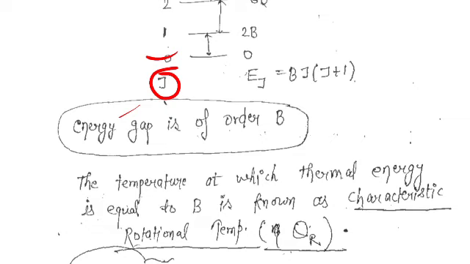It is the temperature at which thermal energy equals B. B, you know, has the unit of joules, so it is an energy. So if one particular amount of energy, that is the thermal energy, equals B, then that temperature is known as the characteristic rotational temperature.